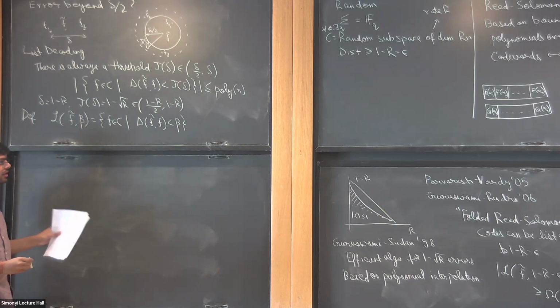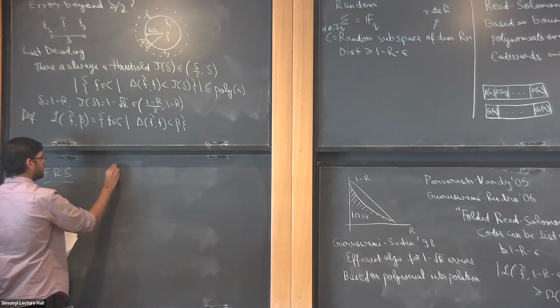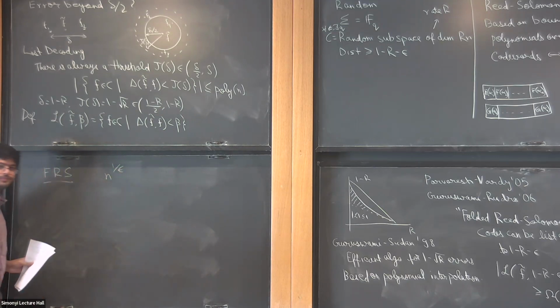So like I mentioned, with folded Reed-Solomon codes, the initial list size was n to the 1/epsilon.